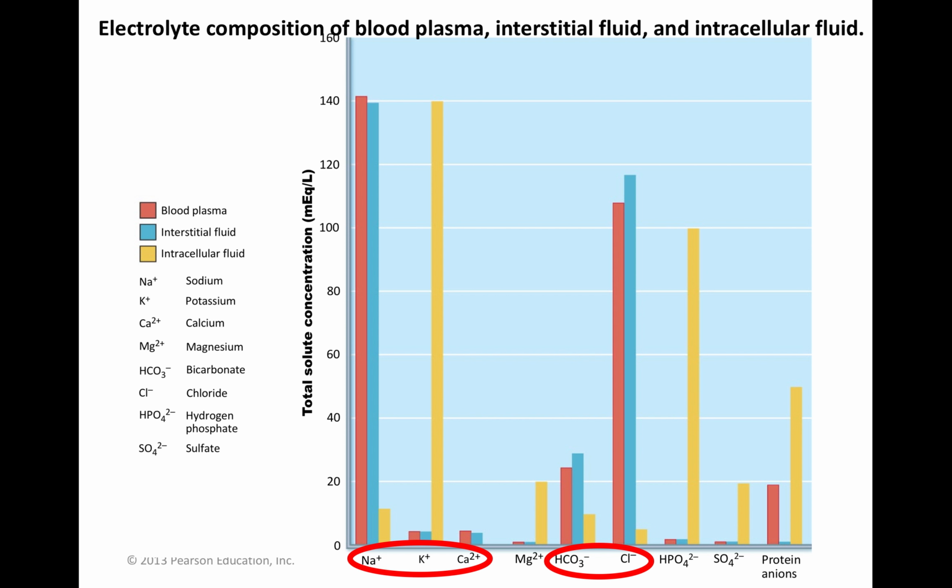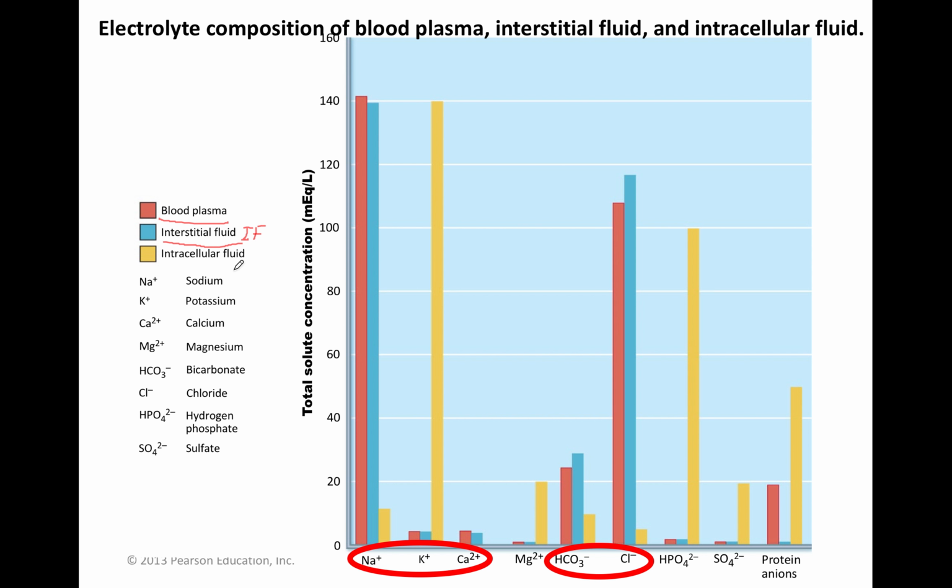So let's start with sodium. It should not be new since we have discussed this many times. First of all, to understand the graph, look on the side. You have three columns on this. The red is representing your blood plasma, hence red. The blue is representing interstitial fluid, or IF, which should be very similar to your blood plasma.